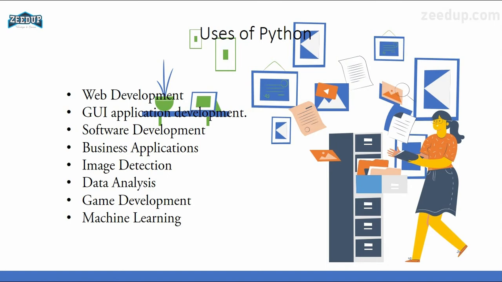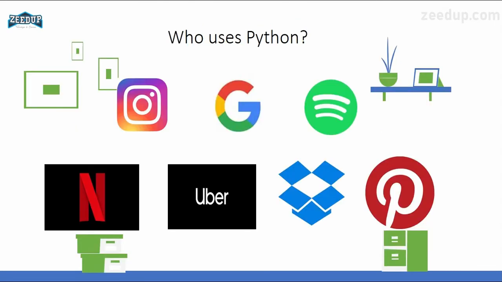Now, since we have looked at these different fields, let us take a look at which popular websites are actually using Python. And you will be surprised to know that they all are using Python.